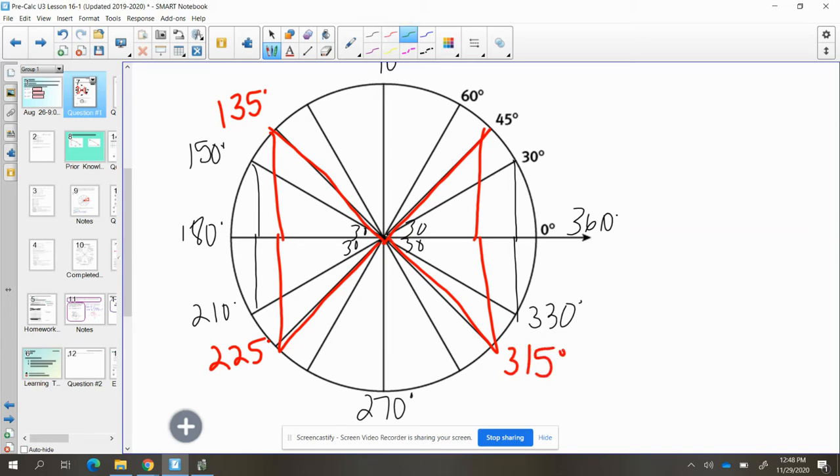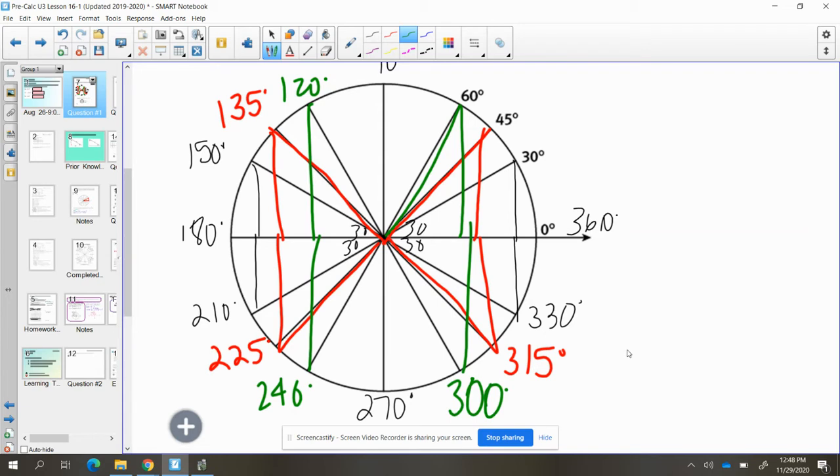And then last but not least, it would be done the same way with our 60-degree angles. So 60 before is 120, 60 beyond is 240, and then 60 before 360 is 300.